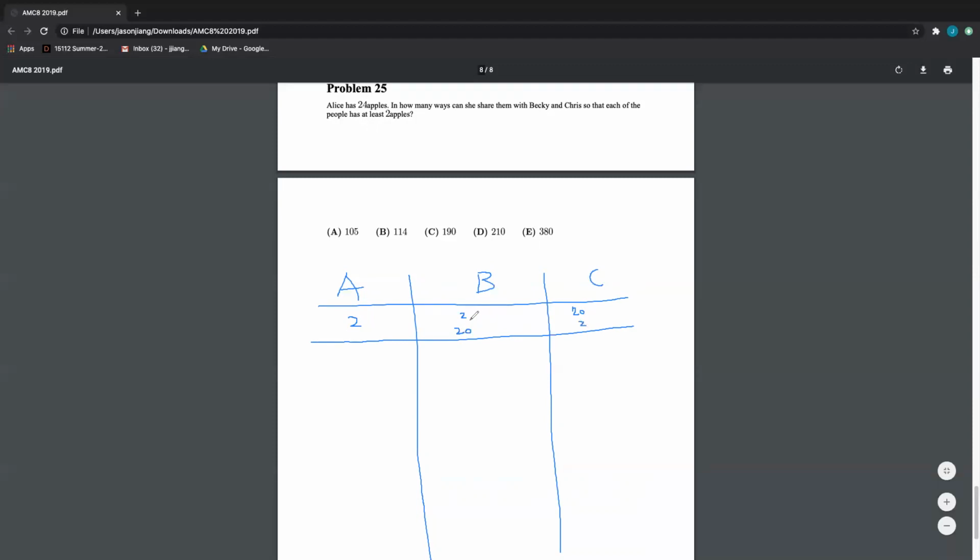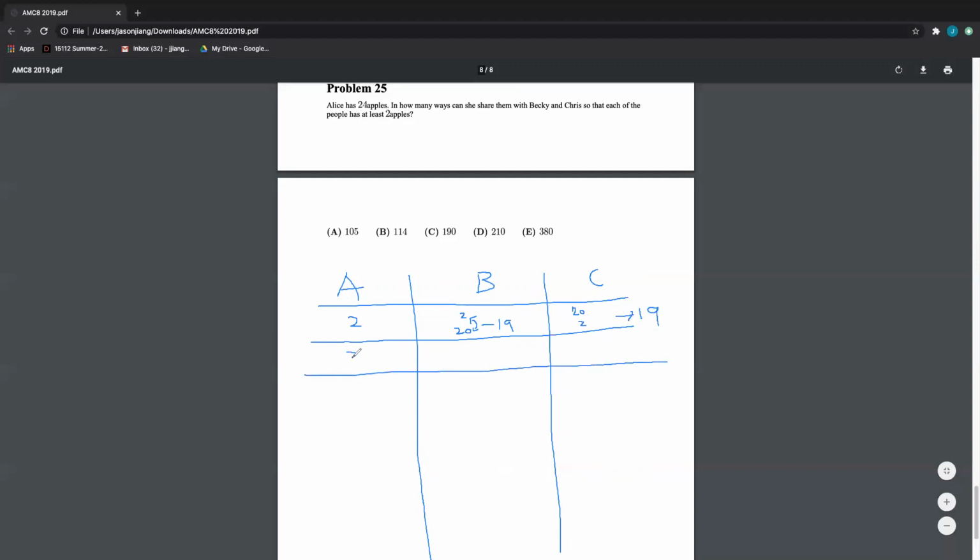And Becky can also take anything in the middle, which will leave Chris with something in the middle. So how many possibilities is that? From 2 to 20, there are 19 numbers. So overall, this case gives us 19 possibilities.